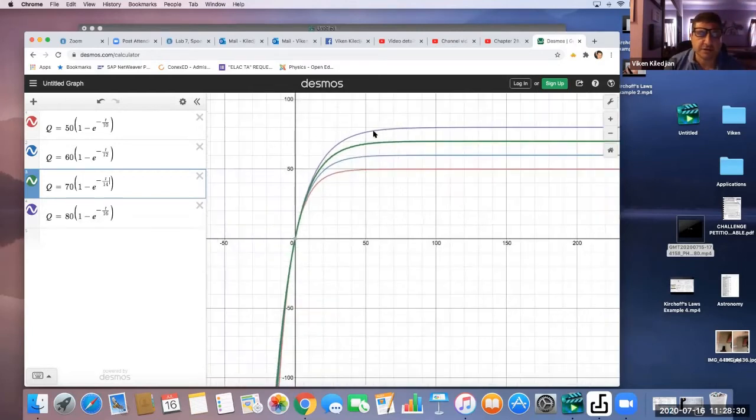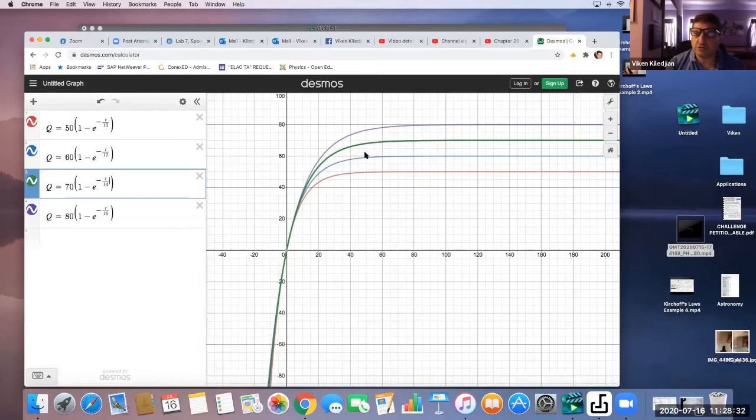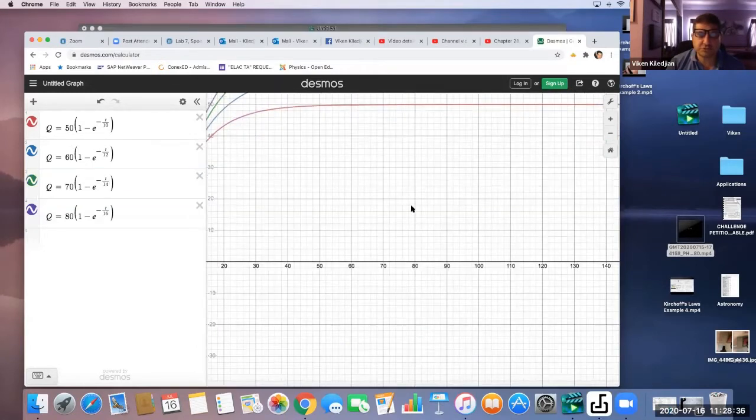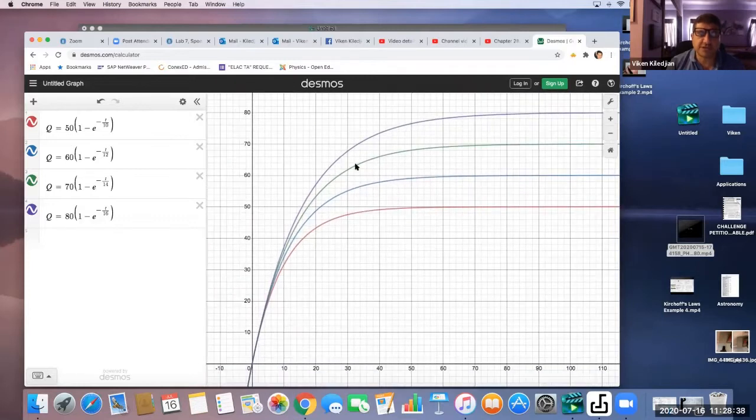So why is that doing that? So for this guy, what is the time constant of this guy? 16. So 16 is 12. You see, this guy is now 63% charged.